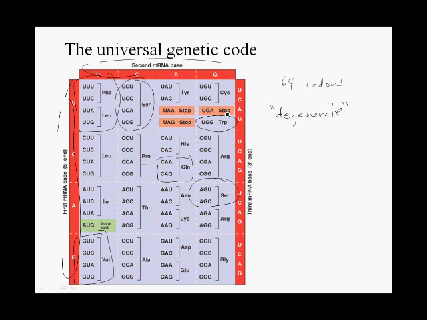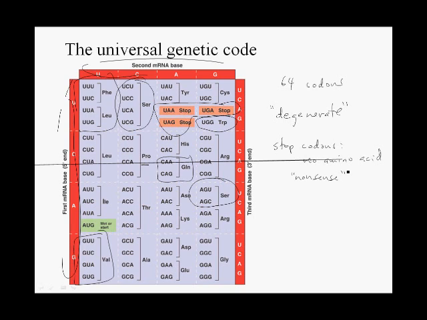In addition to codons that specify amino acids, there are 3 codons, the stop codons, that have no amino acid. They do not specify any amino acid. They're also called nonsense codons by some people.